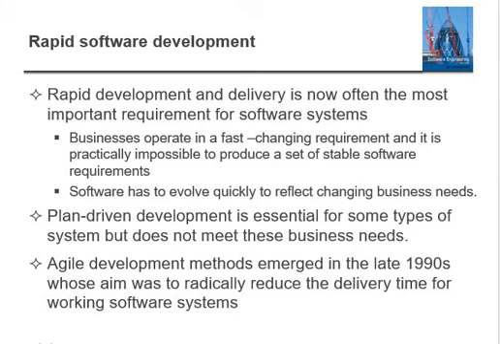Plan-driven development is essential for some types of projects. But agile development is generally used nowadays because the speed of software development is more required. The different software development phases we have seen include the documentation part, which might take time, while agile development focuses more on the delivery of the product.